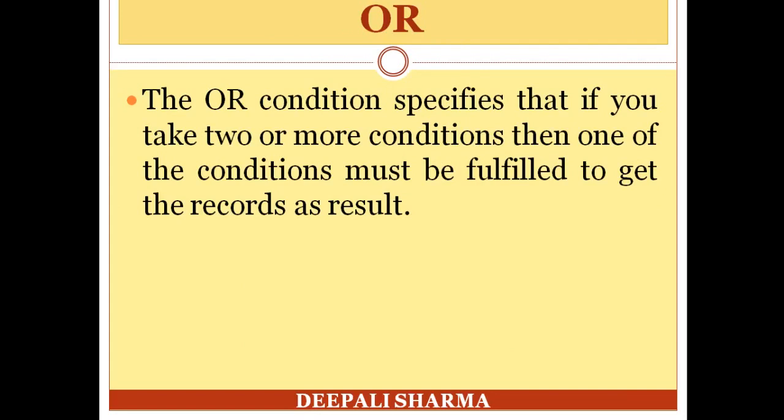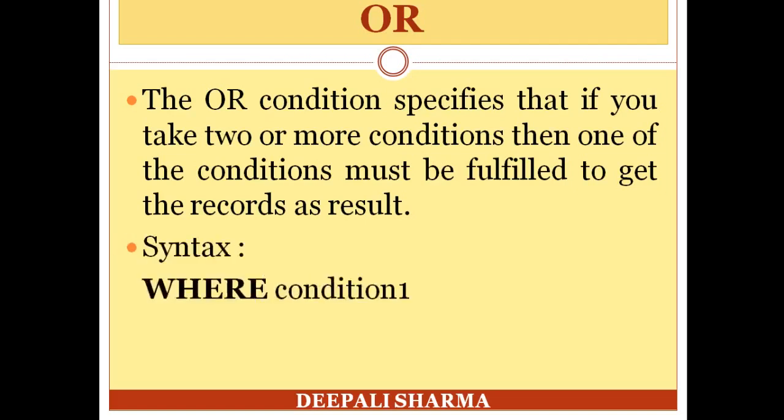That means in the OR condition one condition must be true. In the AND condition we emphasize that both conditions must be true, but in the OR it is telling that any one condition should be true.